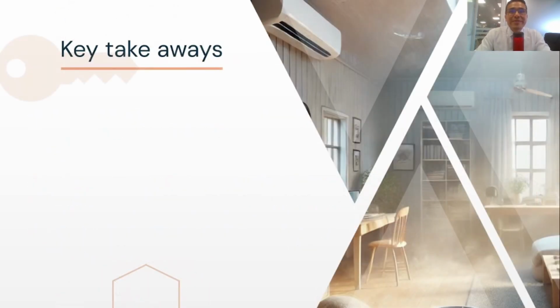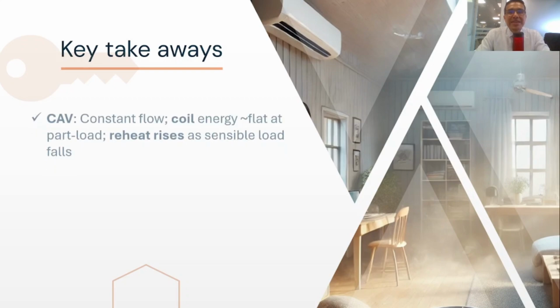To wrap up our discussion on constant airflow CAV and variable airflow VAV systems, this final slide serves as a concise summary of the key takeaways from our analysis of their operational differences and part-load behavior. It highlights the core principles you should remember when choosing between these two approaches.